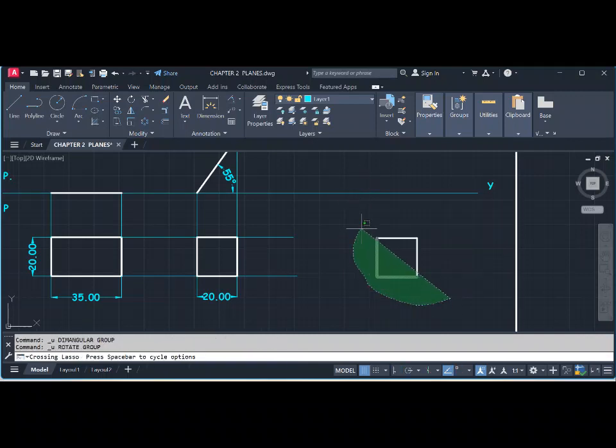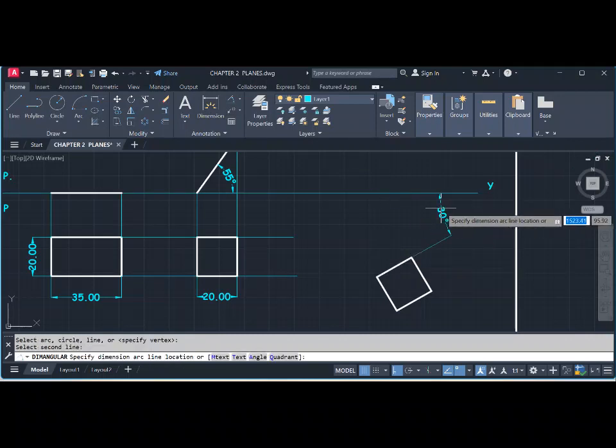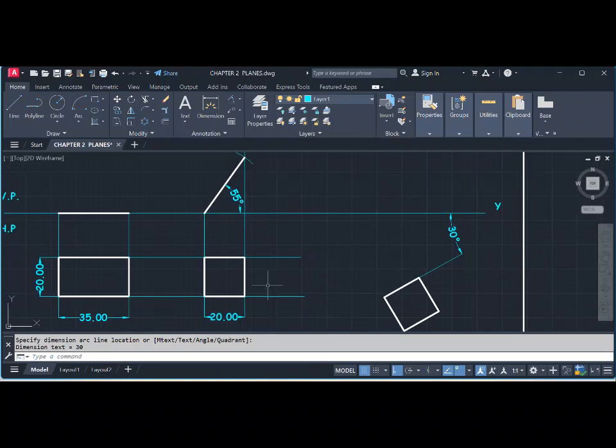Sorry, I made a mistake, I guess. So select the whole thing here like this, rotate on this point minus 60 degrees. Now it is perfect. So like this, 30 degrees like this. Now look here, this is the resting side. That means this is the first line and this is the second line.